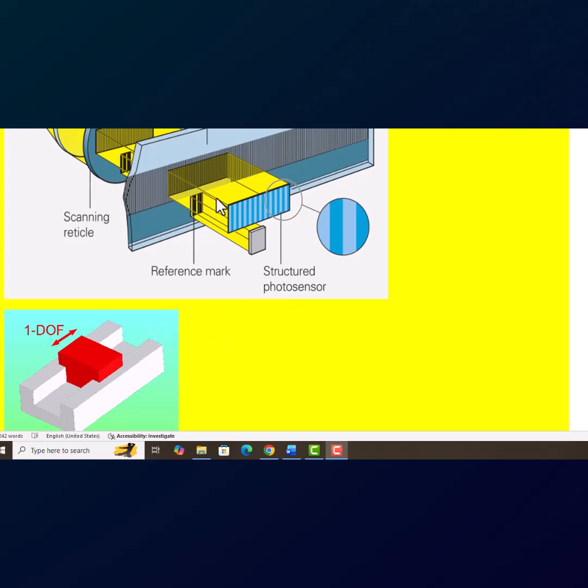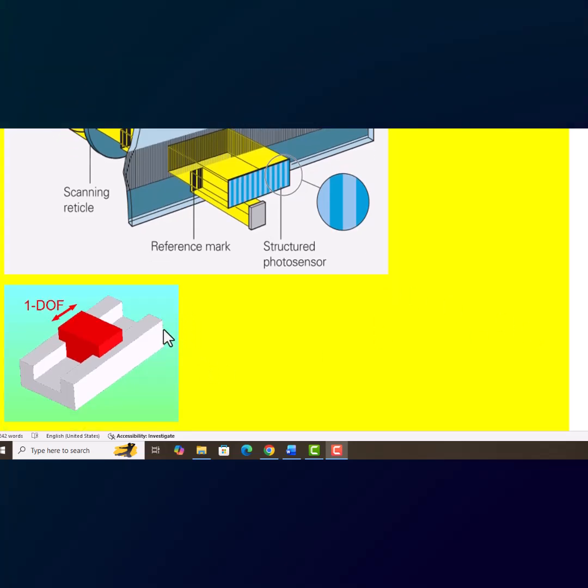And this scale is connected to the prismatic joint. This is also called linear joint.